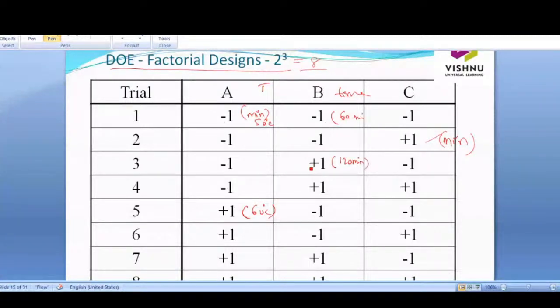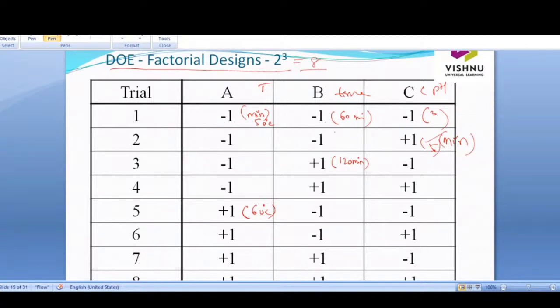So it is designed in such a way that it is 60 or 120. There is no intermediate value in this factorial design. So here -1 means minimum and time also minimum, and the third variable, let us say pH. Now I want to vary the pH from 3 to 5, so maximum is 5 and minimum is 3. So it is the combination: 50 degrees Celsius, 60 minutes, and pH 3. So this is one combination.